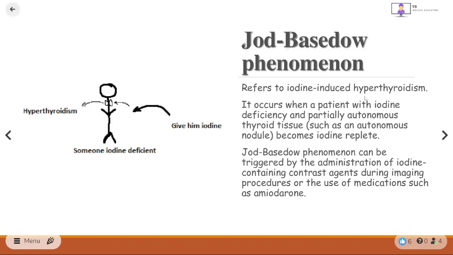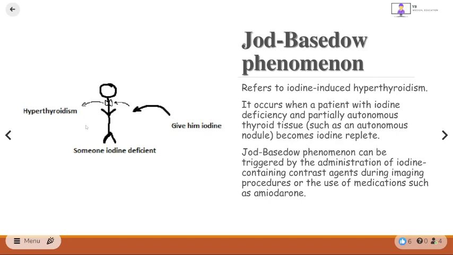So it occurs when a patient with iodine deficiency or partially autonomous thyroid tissue, things like nodules, toxic multinodular goiter, becomes iodine replete. So you basically give him iodine or any drug that contains iodine, any contrast agent that contains iodine.